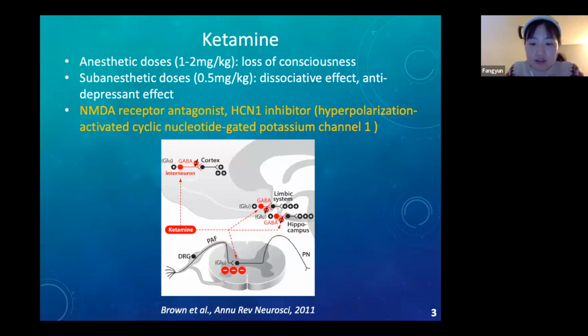At anesthetic doses, ketamine can induce loss of consciousness for general anesthesia, but at sub-anesthetic doses, ketamine can produce dissociative states. In addition, sub-anesthetic doses of ketamine can also induce significant and rapid antidepressant-like responses in treatment-resistant depressed patients.